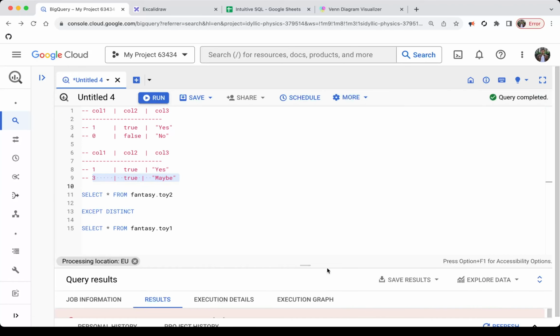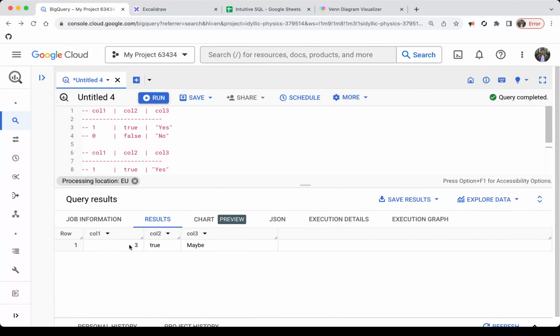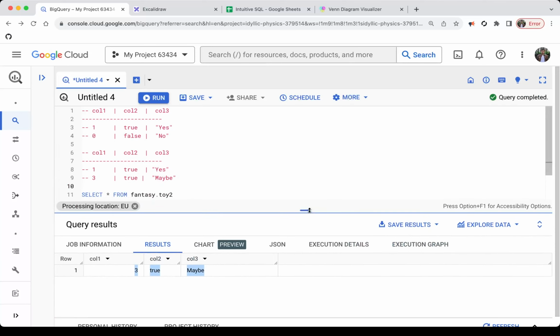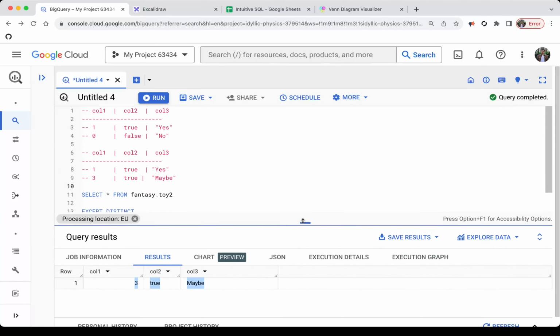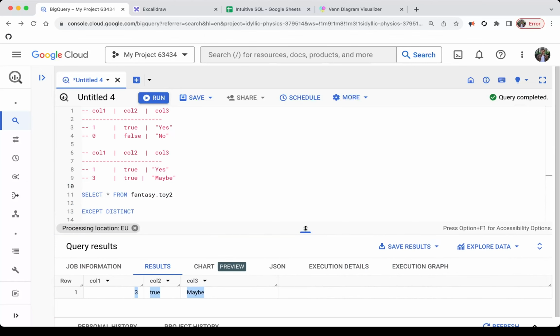Let us run this and make sure. And in fact, I get the 3 true maybe row. So be careful that the except operation is not symmetric. The order in which you put the two tables matters.